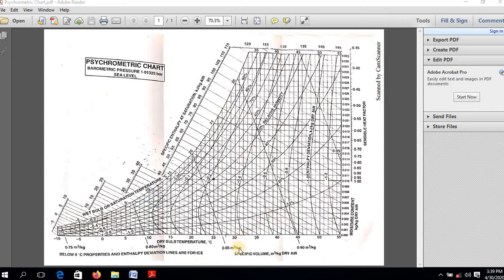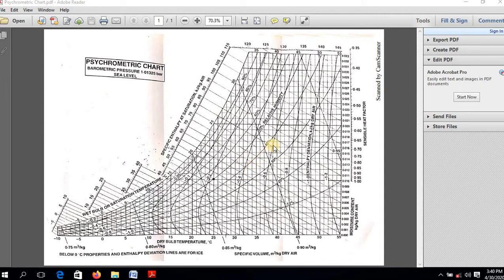Another example: 28 degrees Celsius dry bulb temperature, this is 25, 26, 27, 28, and let us say an enthalpy H of 65. What is the value of phi here?